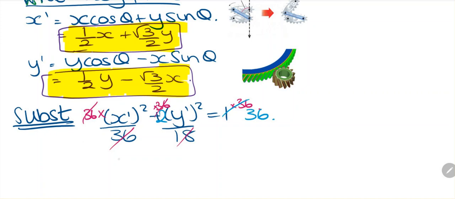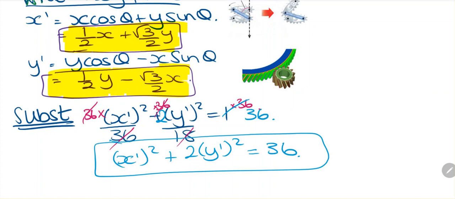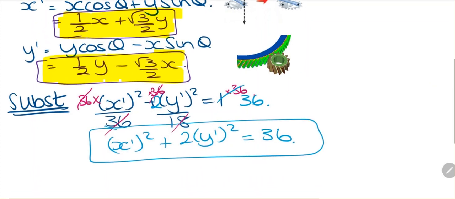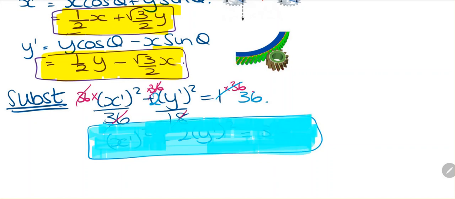So if you rewrite that, x prime squared plus 2y prime squared is equal to 36. So we're going to use this equation and substitute in our values.